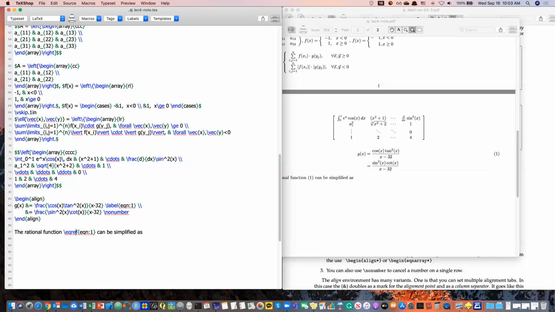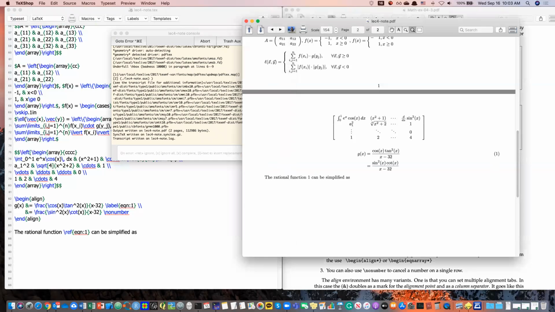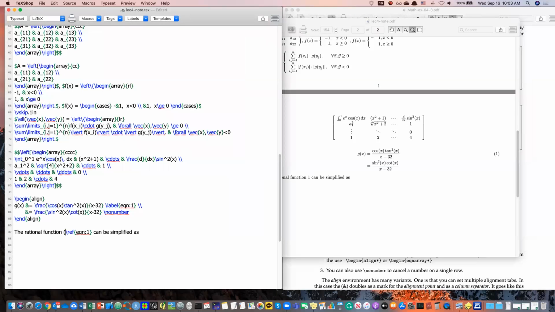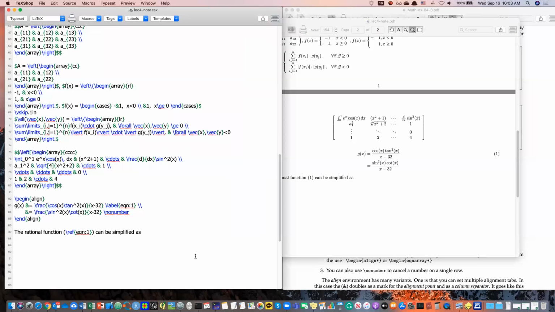If you just use ref, what happened? Then you get one, there's no parenthesis, right? So you have to manually enter the parenthesis. Normally I don't like it. I prefer to use eqref.